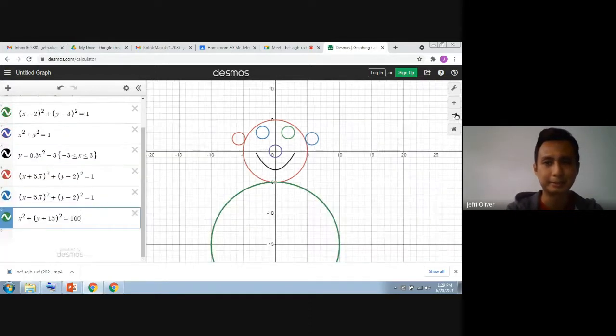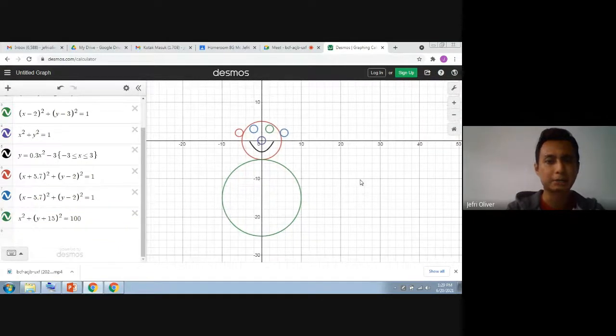Okay, come like this. Well, you can make your own preference. If you want to make the shape of the body a perfect circle like this, you can make it like that.